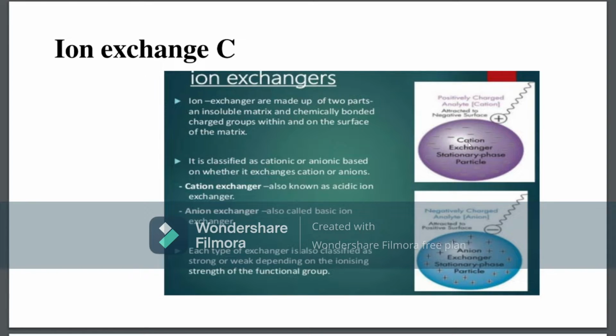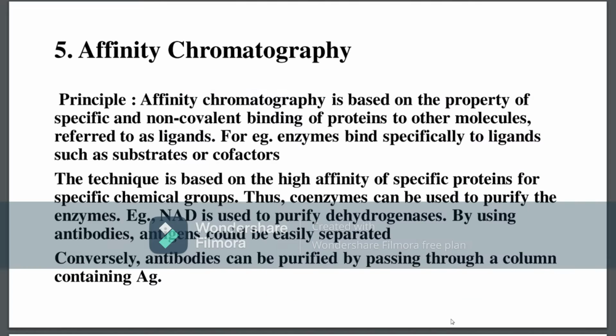Now if you see, this is a cation exchanger: the stationary phase particle is negatively charged and attracts positively charged particles. And this is an anion exchanger: the stationary phase particle is positively charged and attracts negatively charged particles. So this is how ion exchange chromatography takes place.